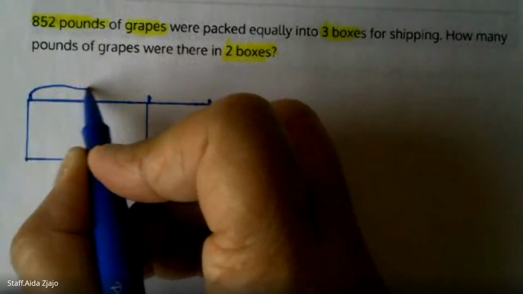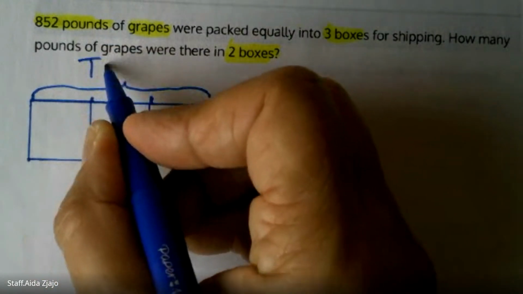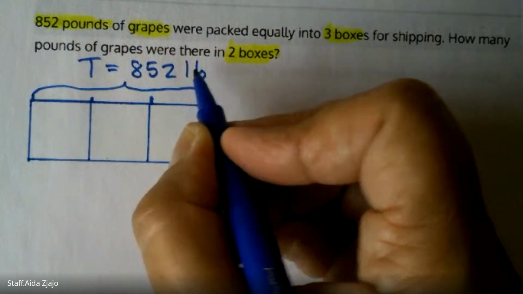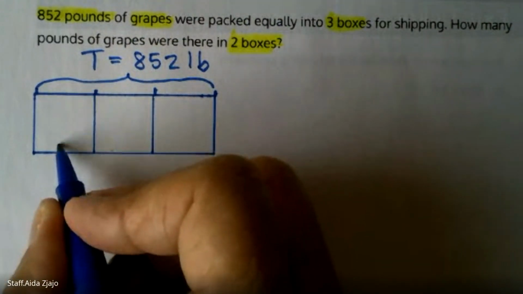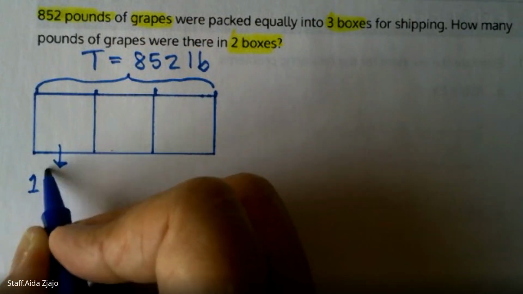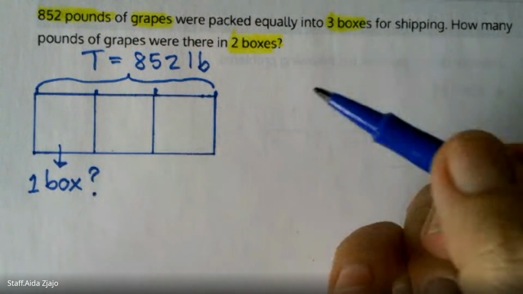If we label the total, T equals 852 LB. LB is pounds. So the question is, we don't know how much is 1 unit. What is 1 box? Question mark.